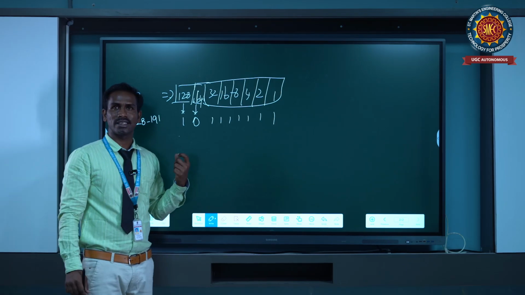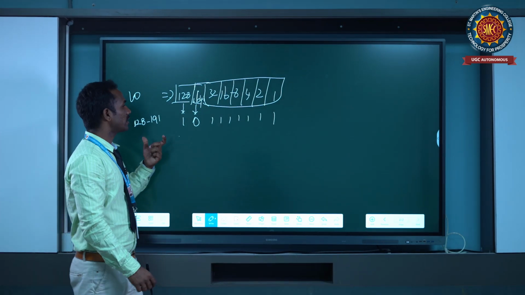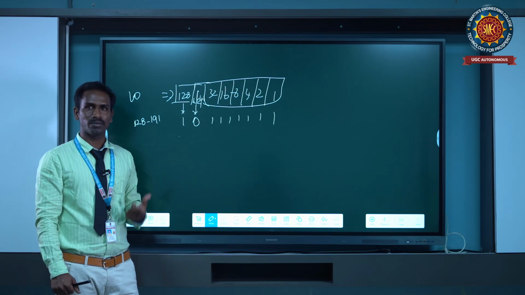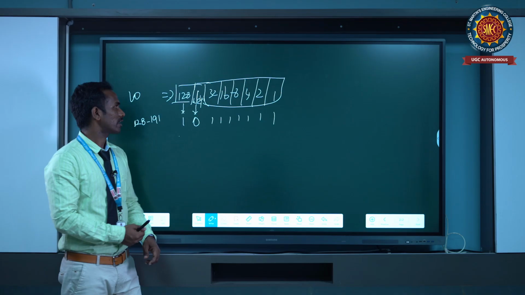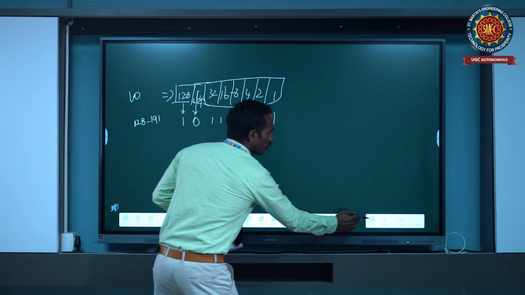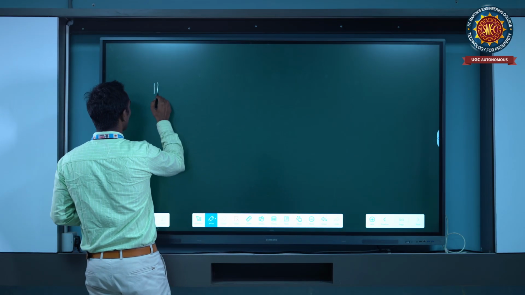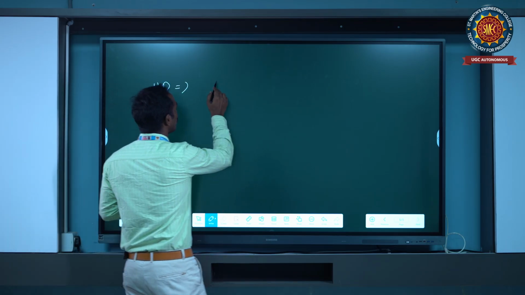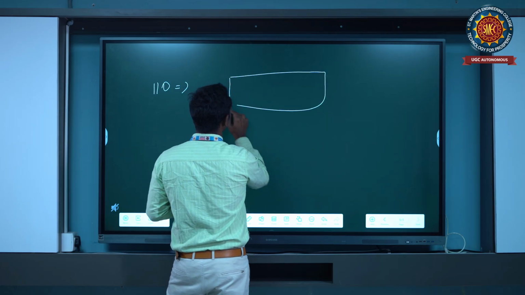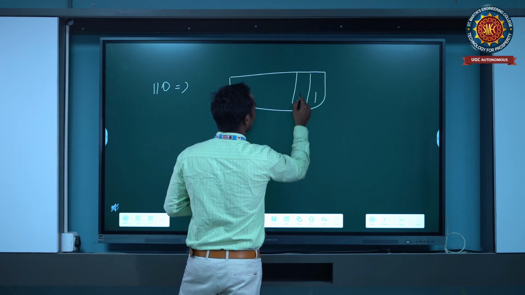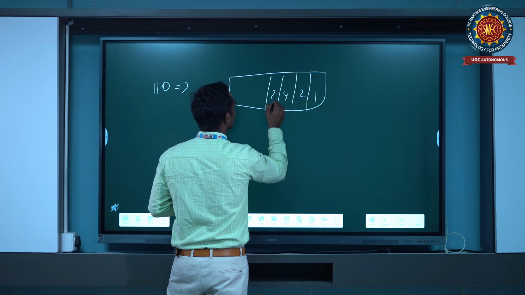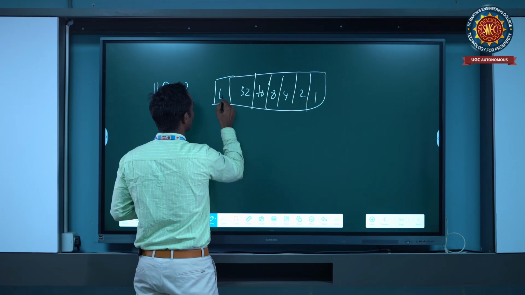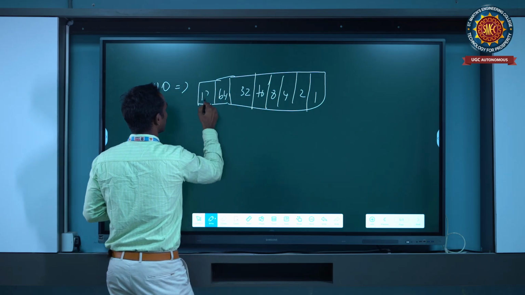And then class C. How to find the class C range? We use the fixed bits value. What is the fixed bits value in class C? It is 110 for class C. So we have to write the 8-bit values 1, 2, 4, 8, 16, 32, 64, and then 128.